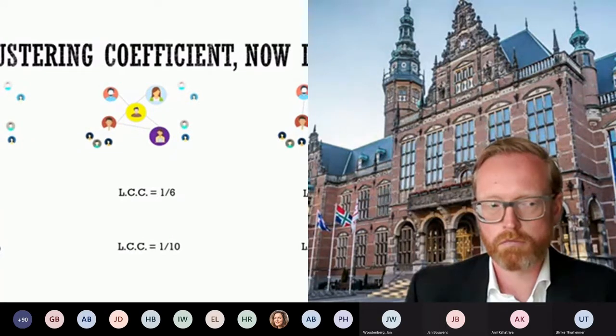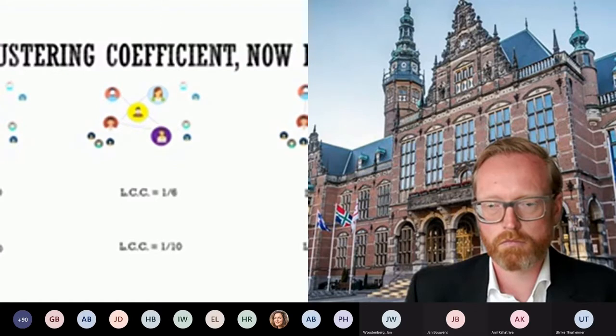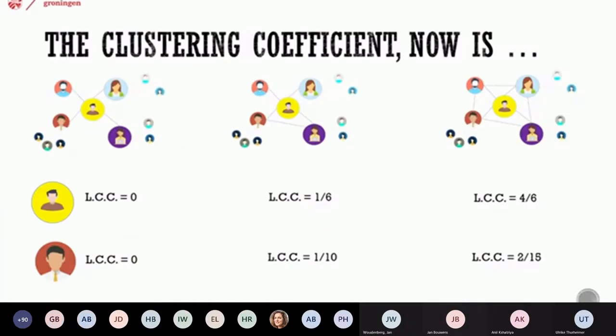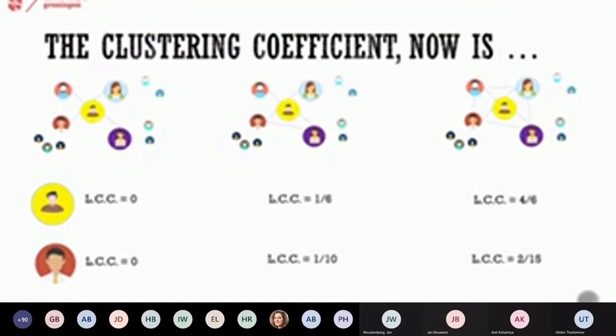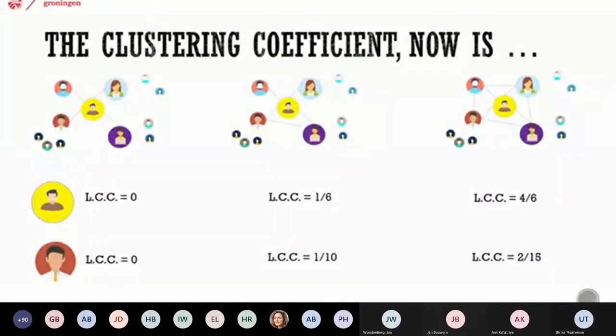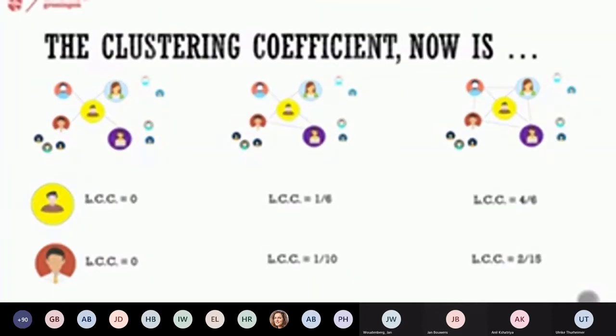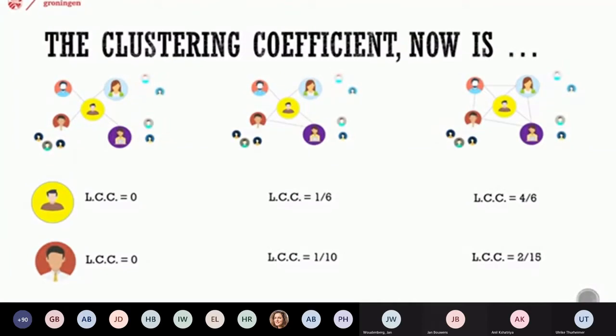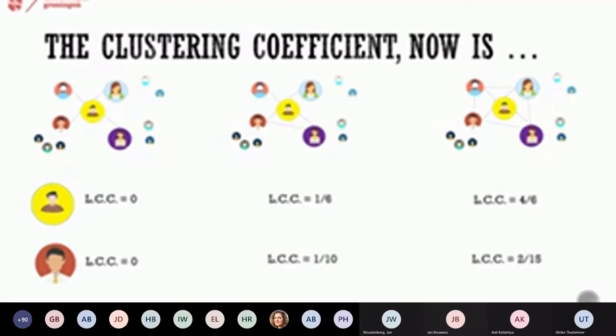But if you go again to the figure on the right-hand side, out of a total possible connections of 6 times 5 divided by 2, so 15, you see 2 ties: between the guy with the tie and the guy with the beard, and the guy with the tie and the lady behind her laptop. Hence you have 2 over 15.